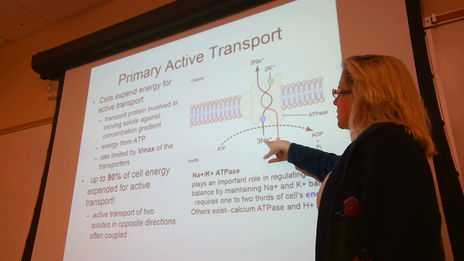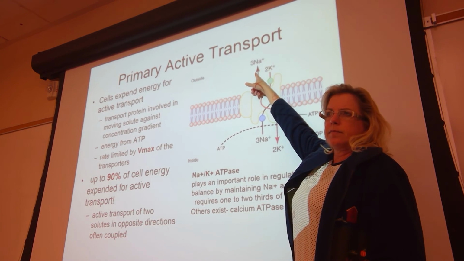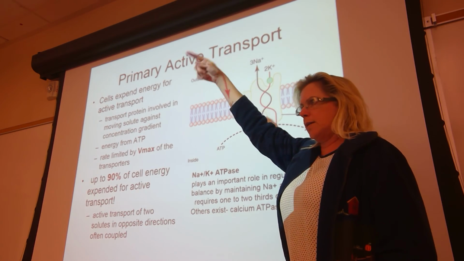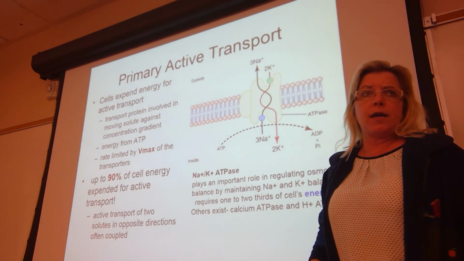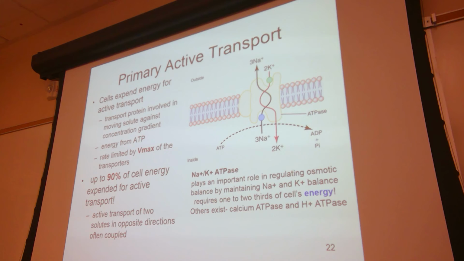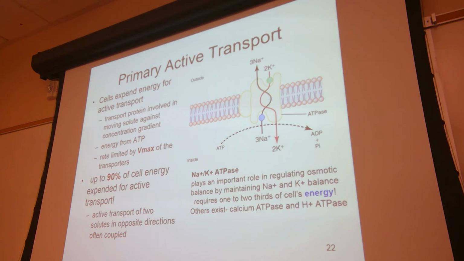Sodium-potassium ATPase removes 3 sodium out of the cell against its gradient. Remember, sodium is found abundantly outside the cell. And 2 potassium are pushed into the cell against its gradient. We've got 5 ions moving in different directions against their gradients. This is going to consume a lot of ATP.